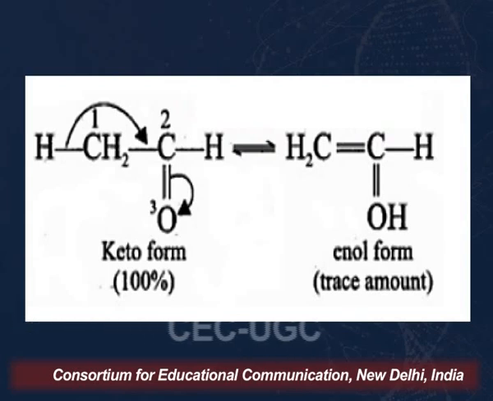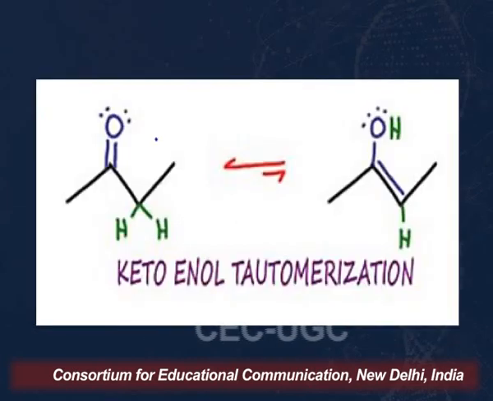Here you can see again on your screens that the keto form is nearly 100%. That means the keto form of acetone is more stable as compared to the enol form, and it is the enol form which is known as the labile form. So here again you can see on your screens the keto-enol tautomerism.